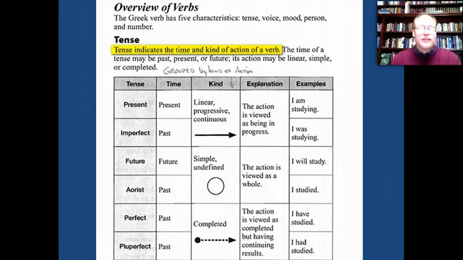He's just saying the action will happen in the case of the future, or did happen in the case of the past. You can contrast the linear or progressive kind of action with the simple, as the linear is a video and the simple is a snapshot, catches the action in a single shot.